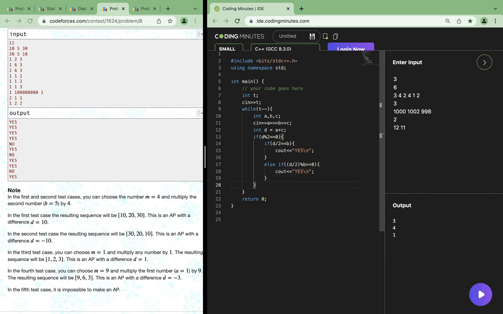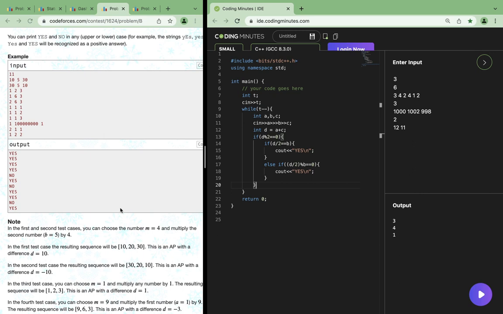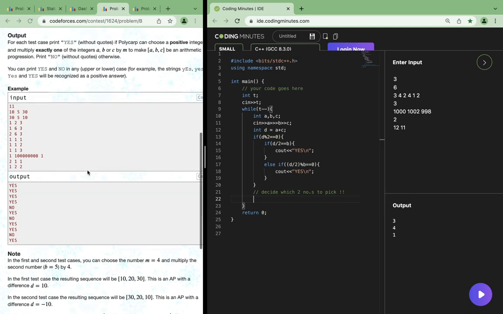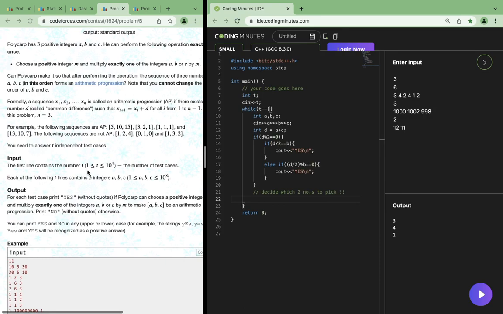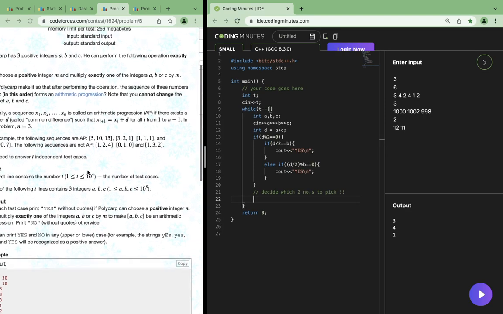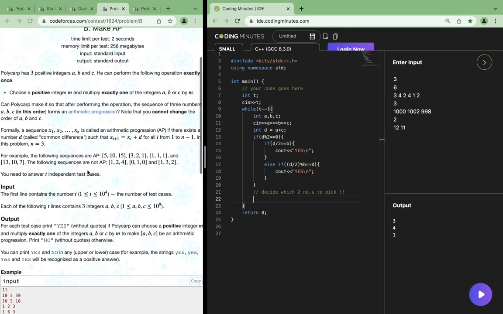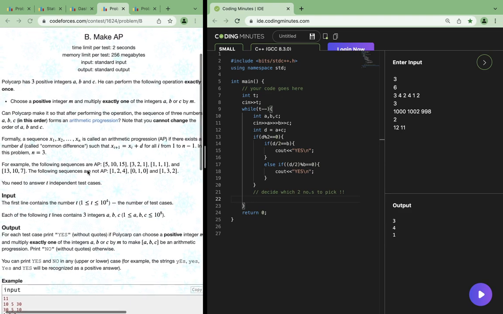First of all, it can be for any number, right? A, B, and C. So we have to decide first which two numbers to pick. Right. So should it be only positive d, or what can be the value of d? Increasing d or what?